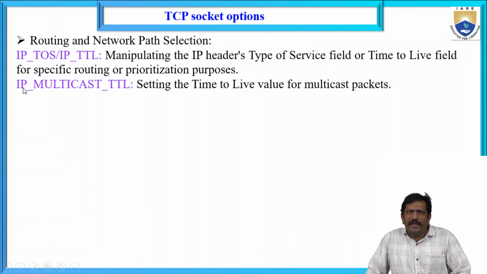That is IP_TOS, the type of service field, or the Internet Protocol TTL, time to live field, for specific routing or prioritization purposes. Next, IP multicast TTL, which sets the time to live values for multicast packets.